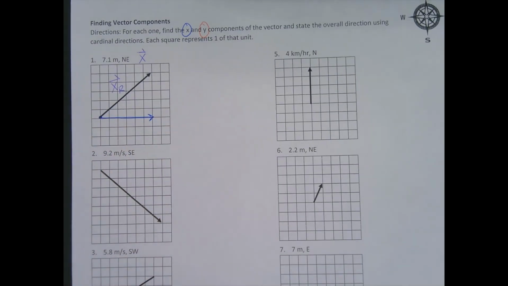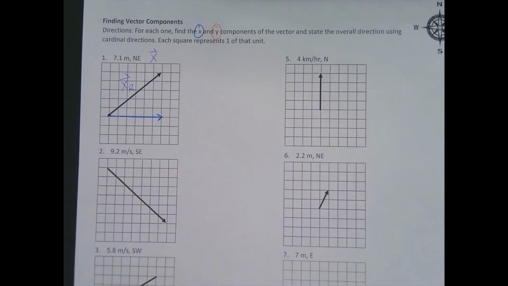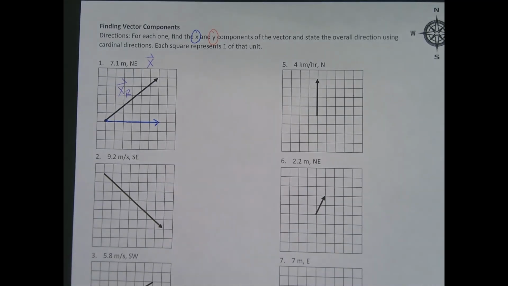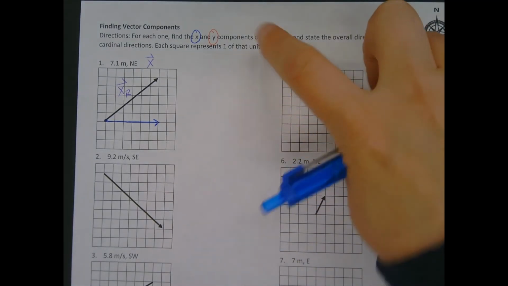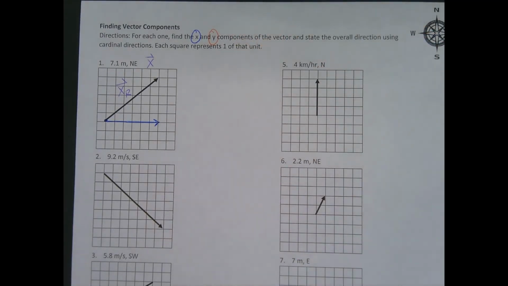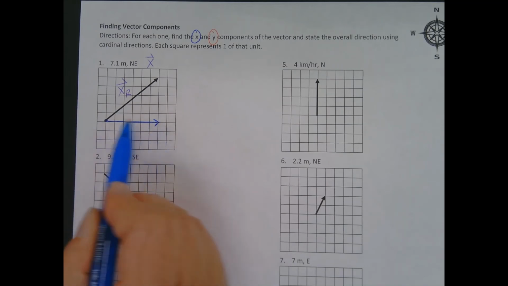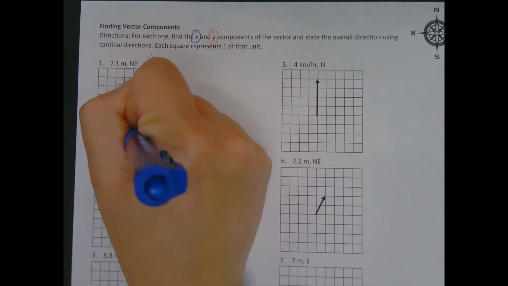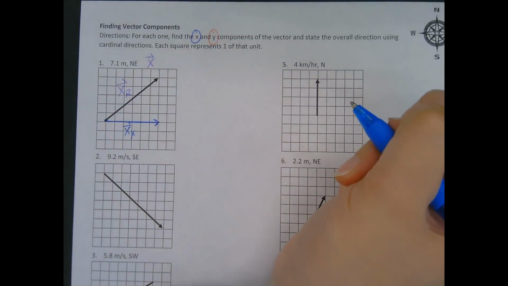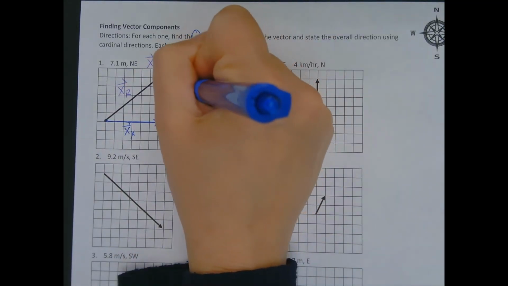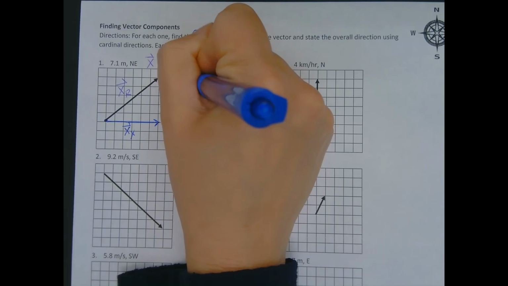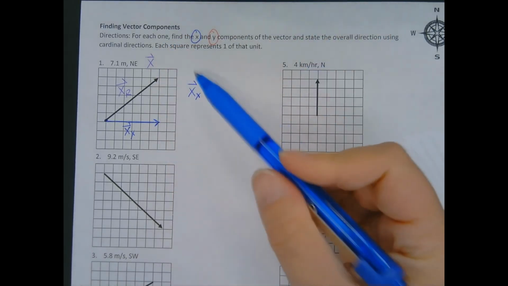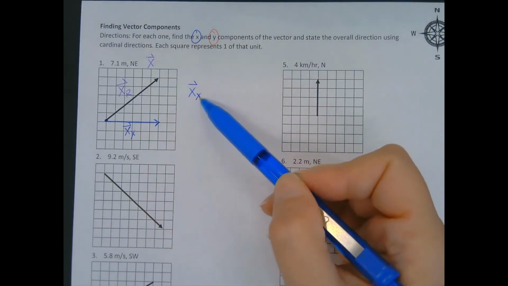Okay. And in this assignment, we're going to use the same cardinal directions, north, south, east, west. And it says in the direction that one box or each square is representing one of whatever unit we're in. That just makes it easy on ourselves, okay? So this first one right here is the displacement vector X component. So off to the side, I'm going to write this, which looks a little strange, but it is the displacement vector X component.